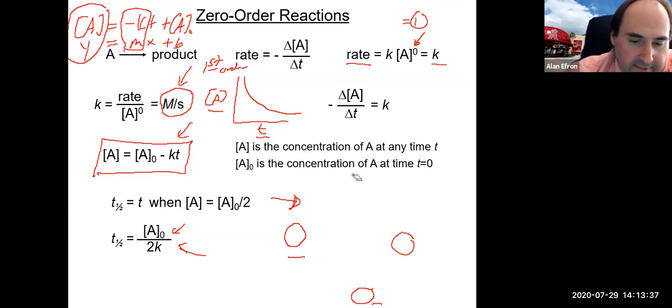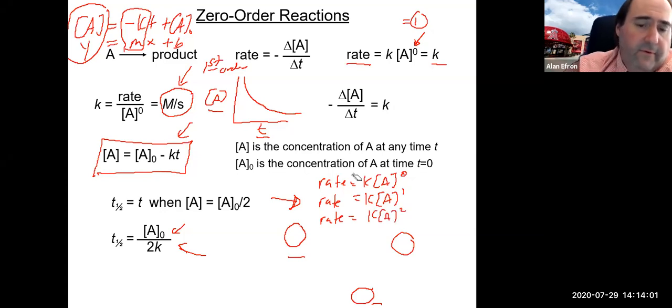So for example, let's say we had rate equals k[A]^0, which would be 0 order. We have rate equals k[A] to the first order, and rate equals k[A]^2 for the second order, for example.